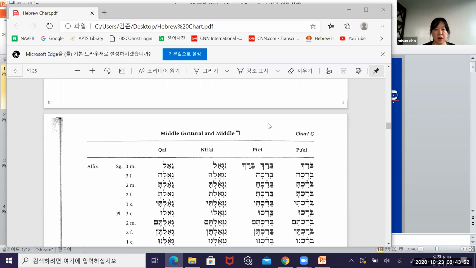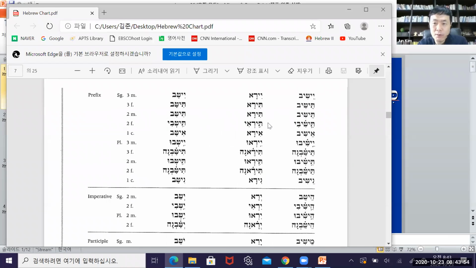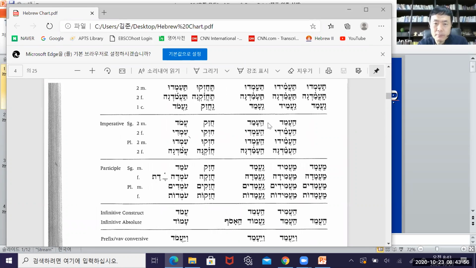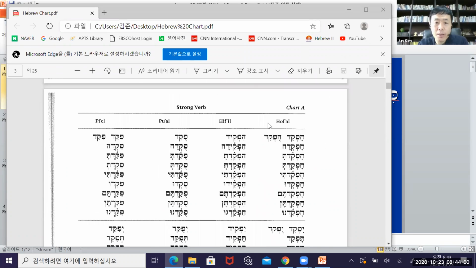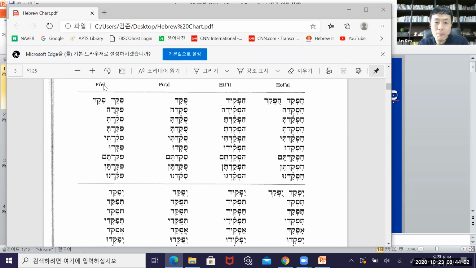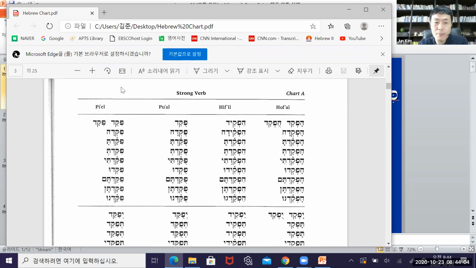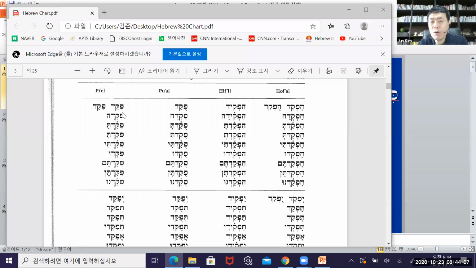Let's go back to then strong verb, and we need to look at Piel stem. Where are you? A strong verb, Piel here. Can you see? This one is strong verb, and Piel, it's appearing with hireq and sometimes tsere.